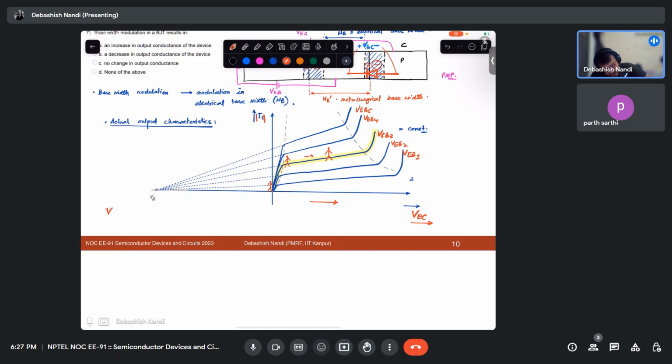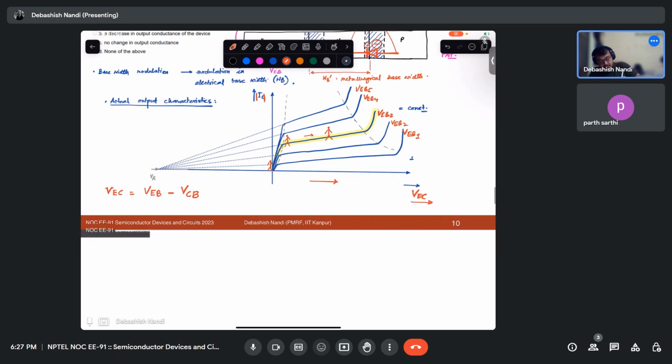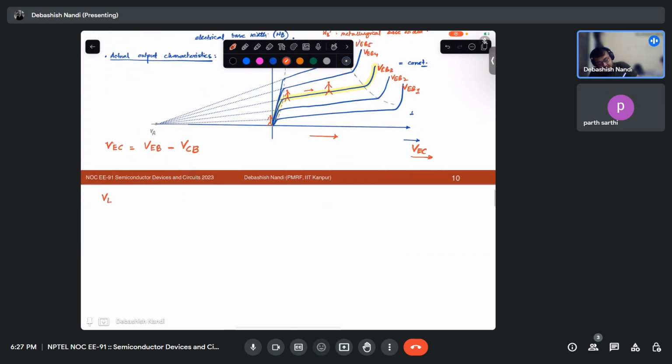So your VEC is your VEB minus VCB. Do you agree with this? Yes, sir. How are you sure that this is right? Because VE minus VC is your VEC. This is your VE minus VB minus your VC minus VB, right?